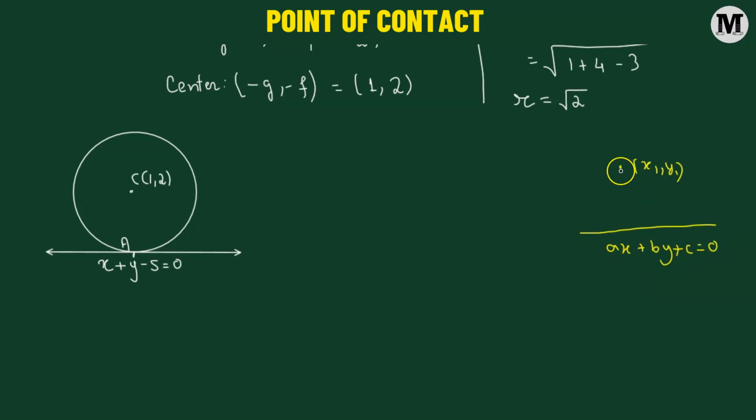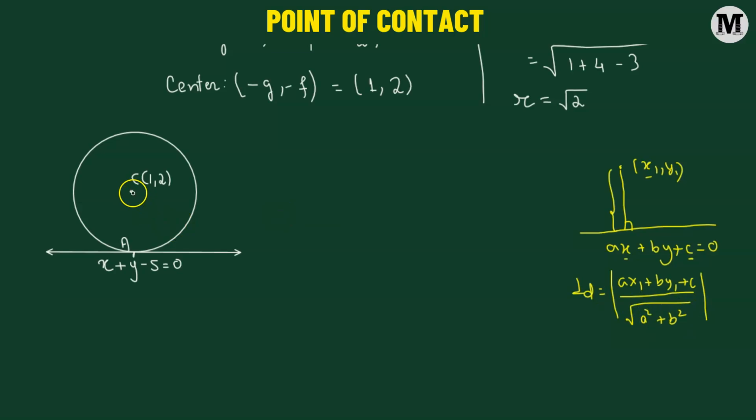Then if we drop a perpendicular from that point on the straight line, this perpendicular distance is given by the formula. We'll take the absolute value. In the numerator, we have ax1 plus by1 plus c. All we have done is take the coefficient of x of the straight line and multiply it with the x coordinate of the point, then add b, the coefficient of y, times the y coordinate of that point, and add the constant term. And in the denominator, we take the square root of a squared plus b squared.